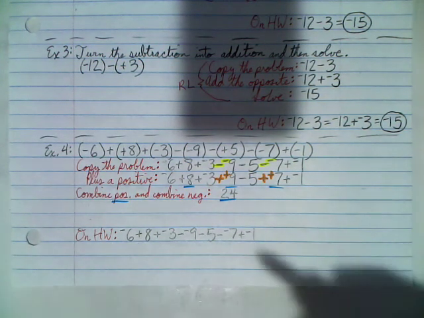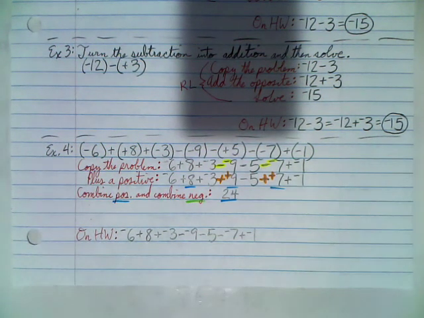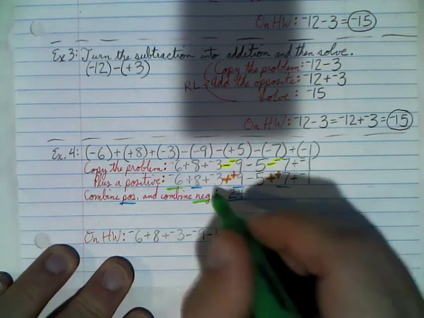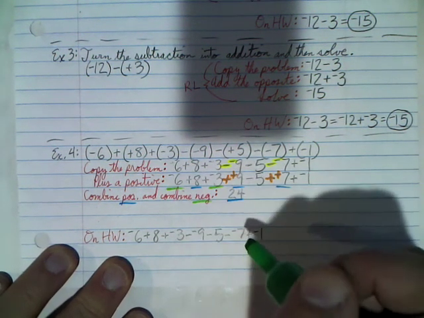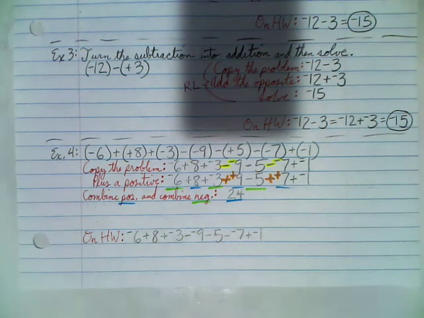Now I'm going to grab my green here, and let's put together our negatives. So I got a negative 6 plus a negative 3 would make a negative 9, and then a minus 5 is going to be like a negative 5. That's why I skipped it last time, because minus 5, we're going to treat that like a negative 5.